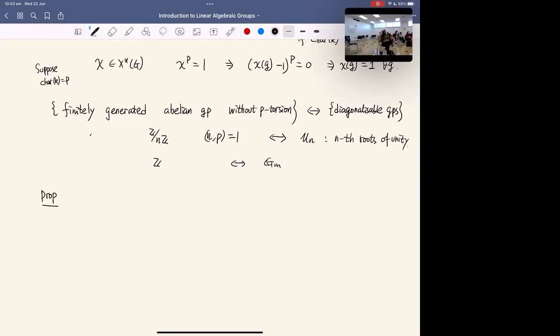So now we want to discuss a proposition called rigidity of diagonalizable groups.